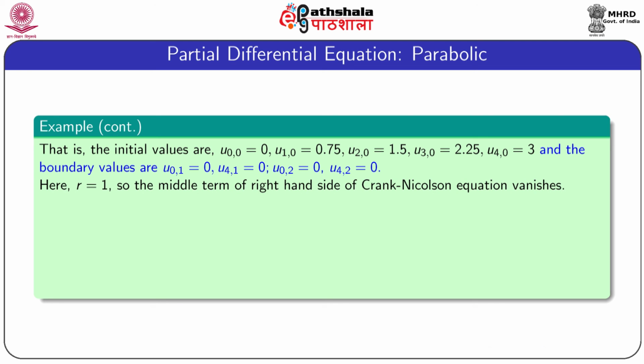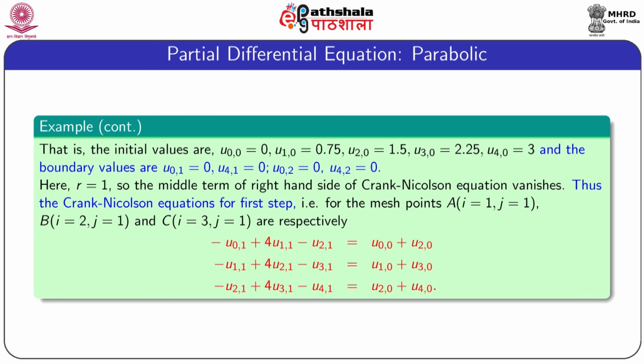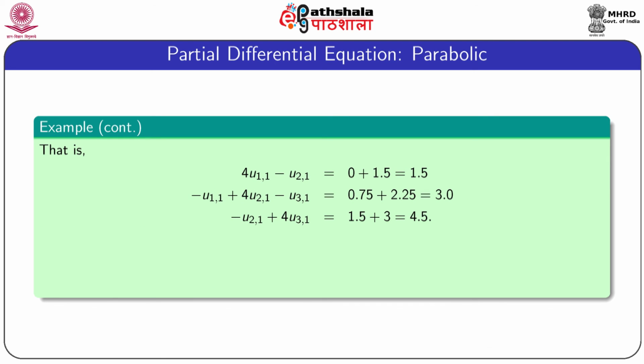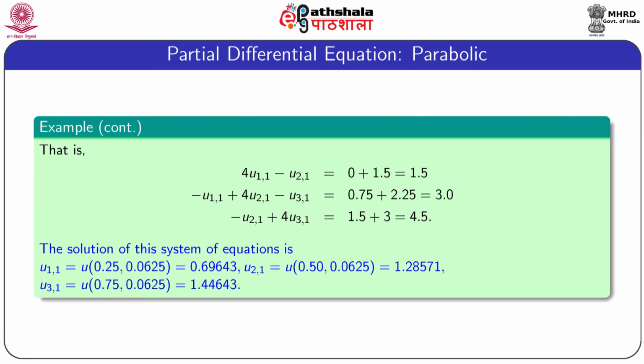And for r equal to 1, the middle terms of the right hand side of the Crank-Nicholson equation become 0. So, for this case the system of equations are these three equations, and these three equations determine the values at A, B, C, that means the values of u at the mesh points A, B and C. After substituting the values of the initial and boundary values, we obtain this system of equations, and by solving it we get the values of u11, u21 and u31.